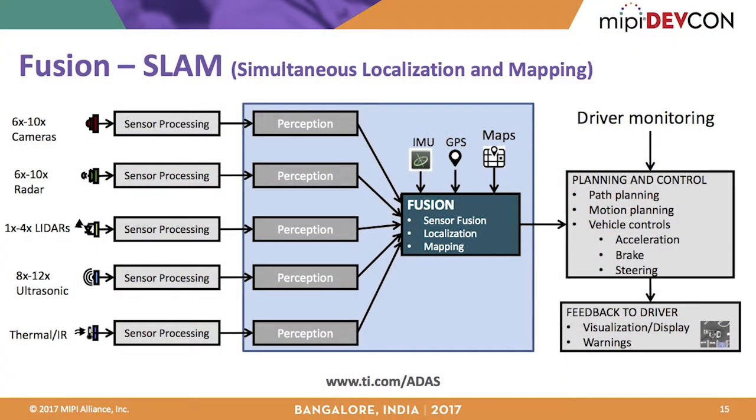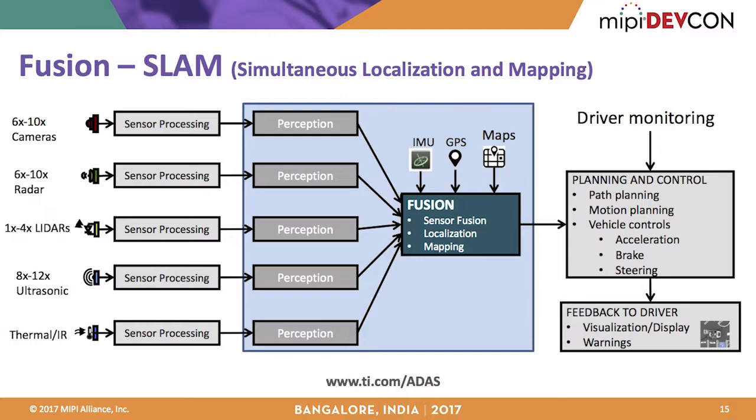I will not go into details of the SLAM processing or the software processing. What it's showing is, for a car like a Mercedes S-Class or even the future Tesla, you're going to have a large number of cameras all around the car, can go up to 10x, a large number of radar devices, a few LiDARs, a huge bunch of ultrasonics. Ultrasonics are cheap, so the OEMs like to place them everywhere, and then some thermal or IR sensors.